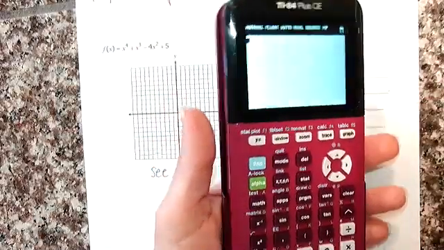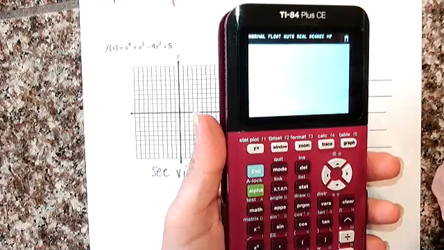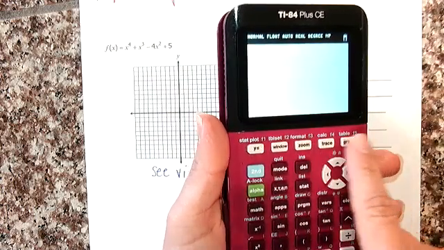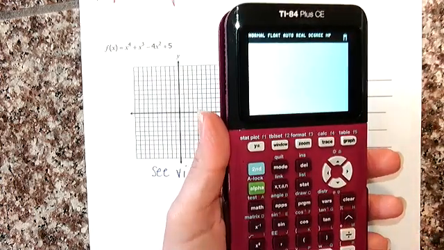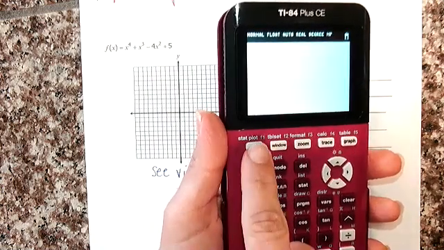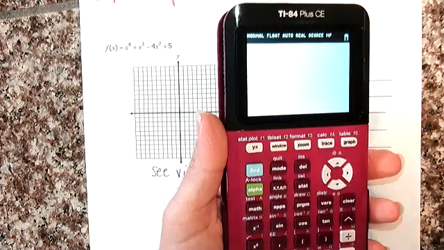The 5 keys that are specifically related to graphing are the 5 keys underneath the window, and they are in a creamish grayish color. Y equals, window, zoom, trace, and graph.